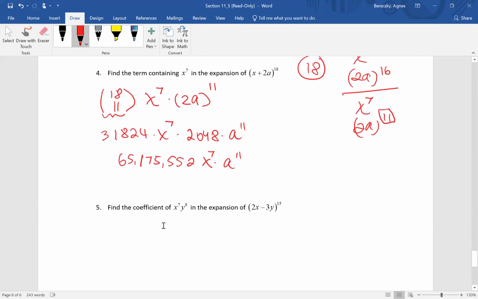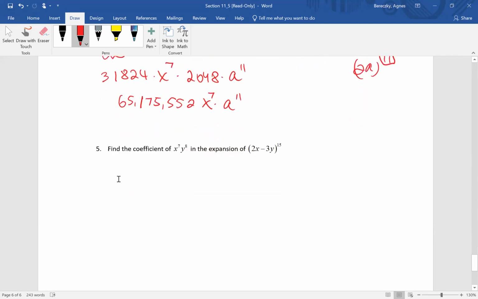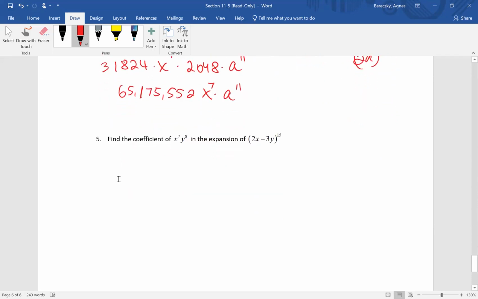Find the coefficient. Again, the coefficient is the number part in the term, right? So let's find a coefficient. This is a similar concept. We have 2x as our first term and then negative 3y as our second term. We want to have a 7 here, and our second term should have the 8.